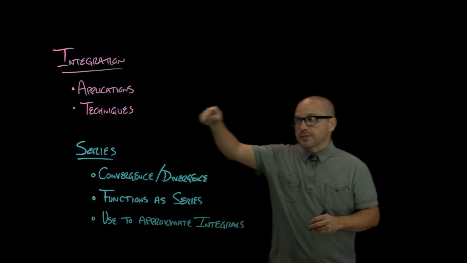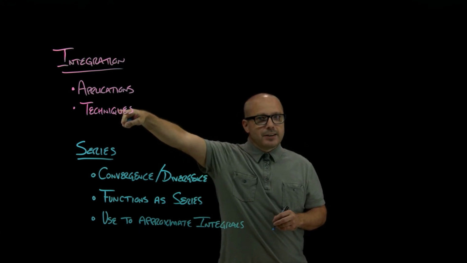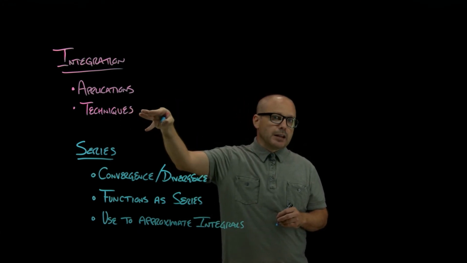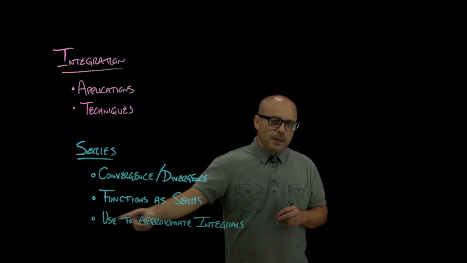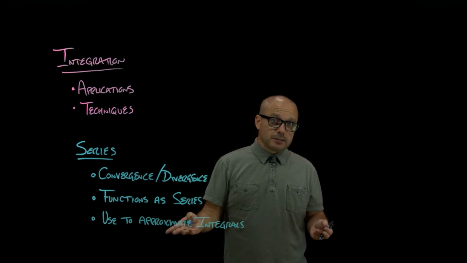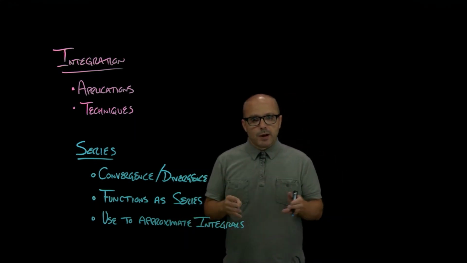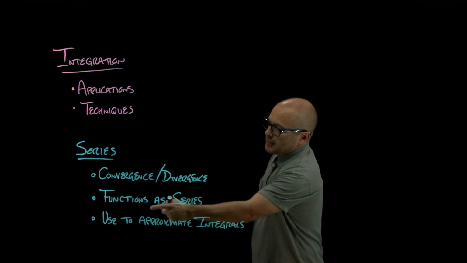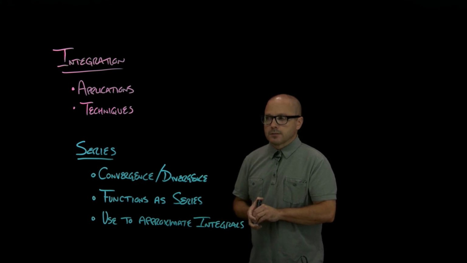So in situations up here where these techniques aren't good enough, not everything has an antiderivative. So the idea of doing an integral by finding an antiderivative is not always possible. So you learned some approximation techniques in Calc 1, rectangles or trapezoids or Simpson's rule. This is another way to go about it, to write it as a series.